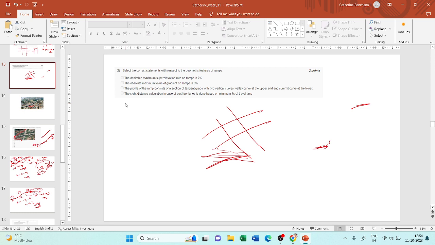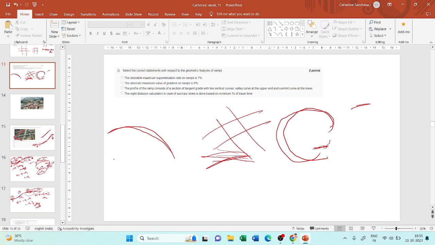Okay. Now moving on to the next point. Let us say my ramp, as you saw, either it was turning like this, a curve like this, or it was a loop, right? Which means it is a horizontal curve. In both cases it is a horizontal curve, and what we saw about horizontal curves is that when you traverse along a horizontal curve, your vehicle will be pulled outwards because of the centrifugal force, because of which you will provide some super elevation.